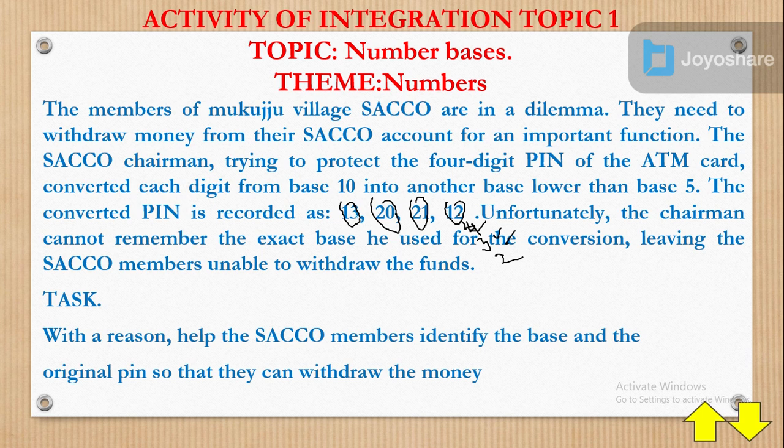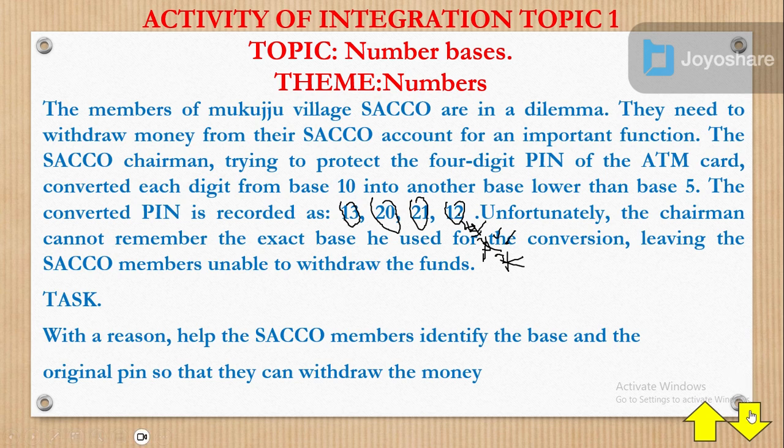So in base 3 we don't have 3, and in base 2 we don't have 3 either, so you cancel them. Definitely what remains is base 4. So it means that these people converted to base 4.